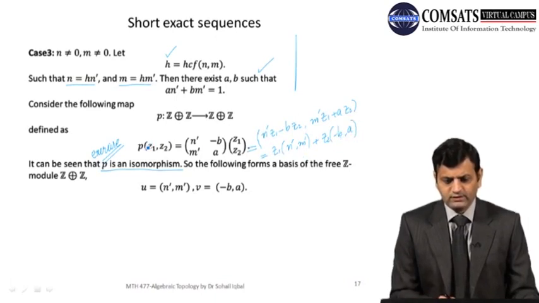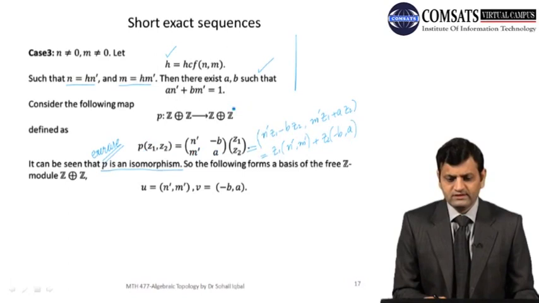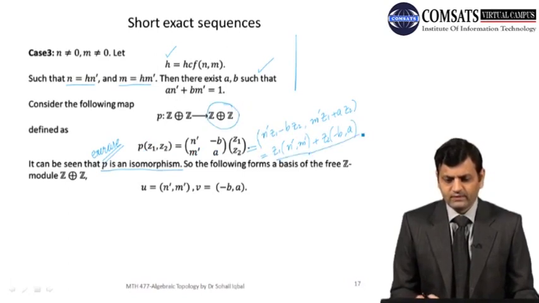Also this P is an isomorphism, which means that every element of Z plus Z can be obtained in this way, where z1 and z2 are integers. So let me say again, every element of Z plus Z can be obtained in this way.